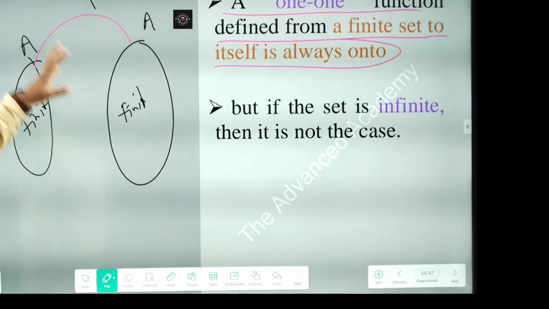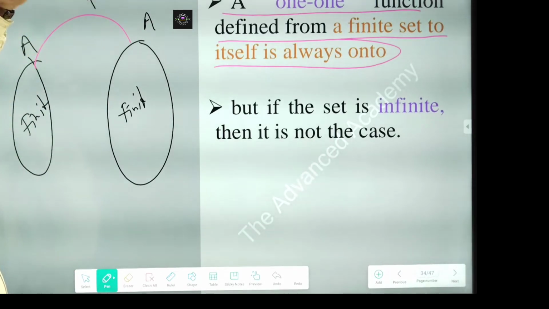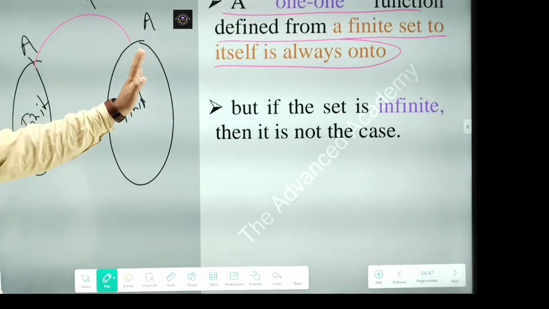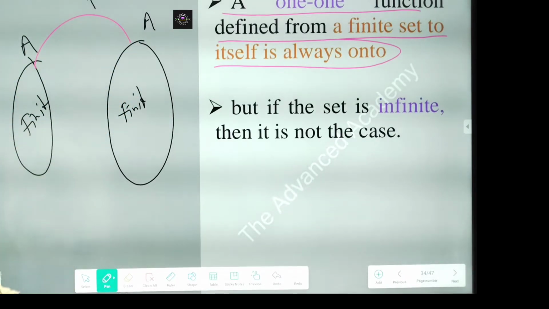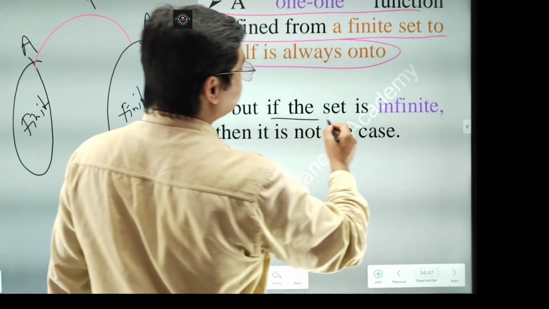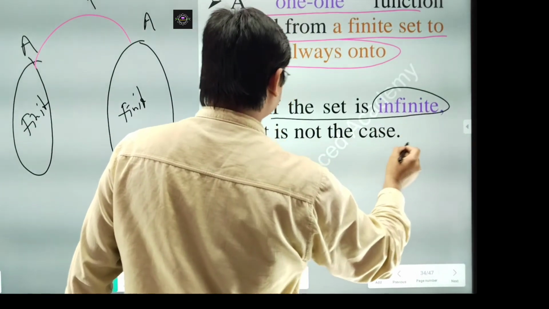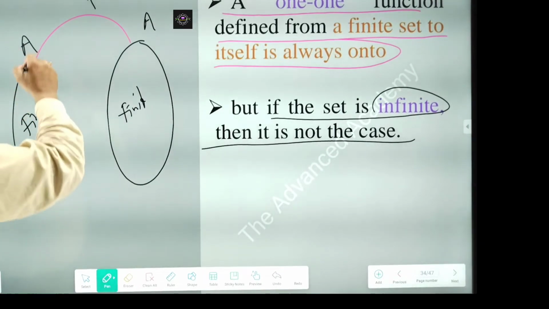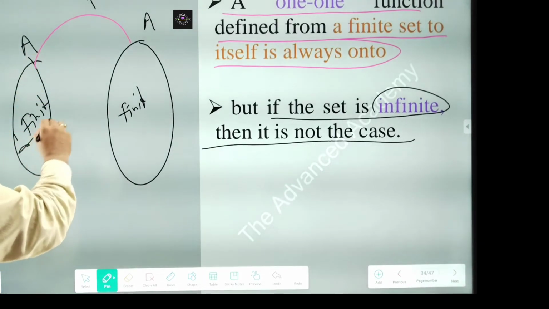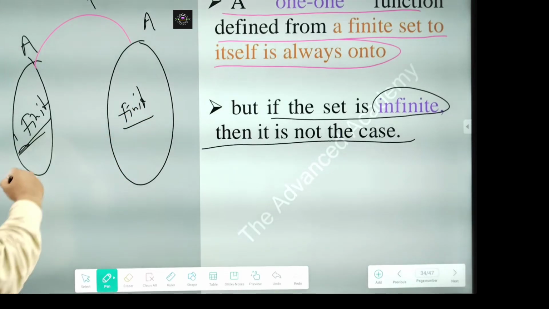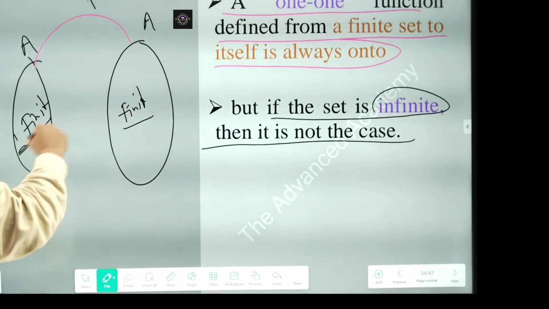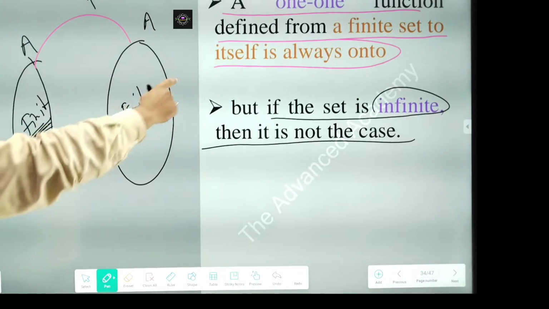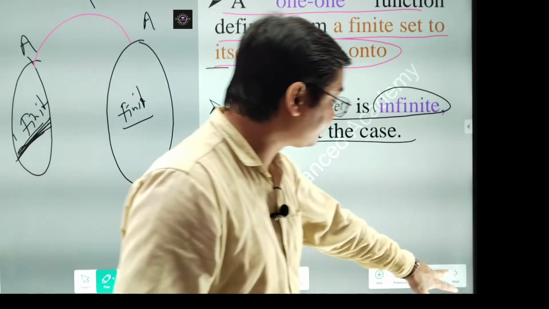That means if a one-one function is from a finite set to a finite set, then the function will be bijective. Okay, but if the set is infinite, then it is not the case. If we consider both sets are the same and infinite, then this does not always happen.